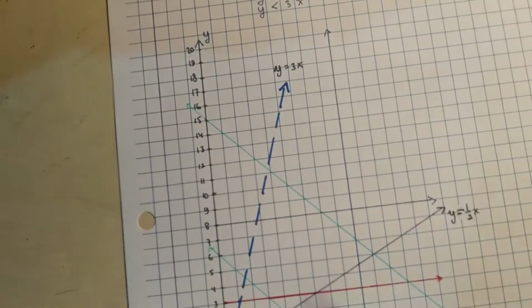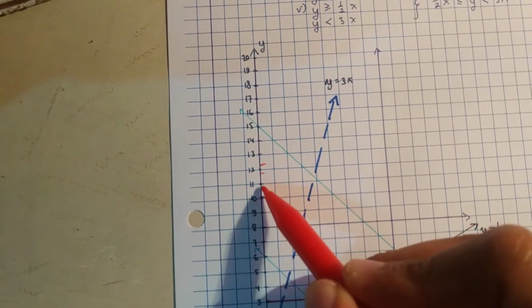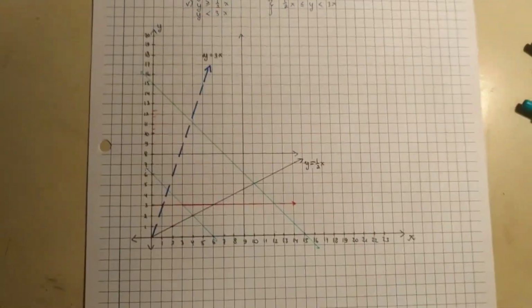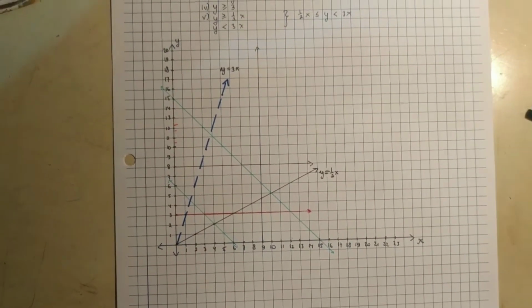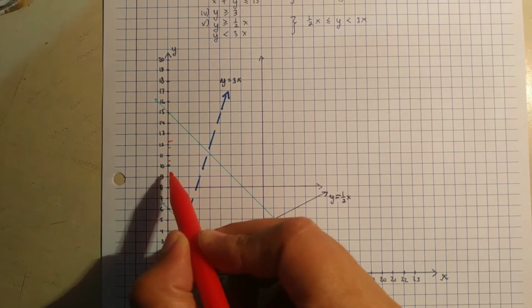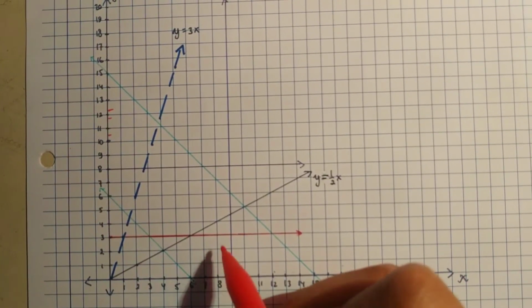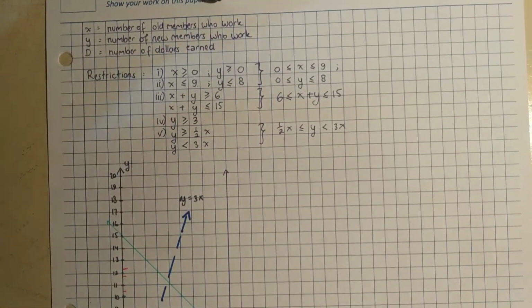So this is the x. Yeah, so this is the first one. X is greater and y is greater. So it's positive, right? So let's go to the second one.